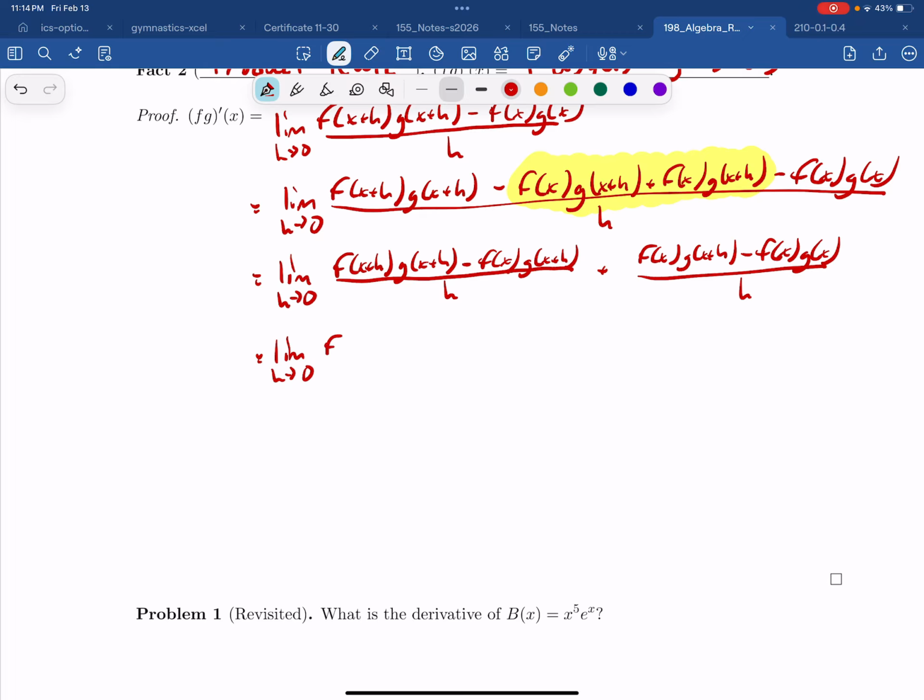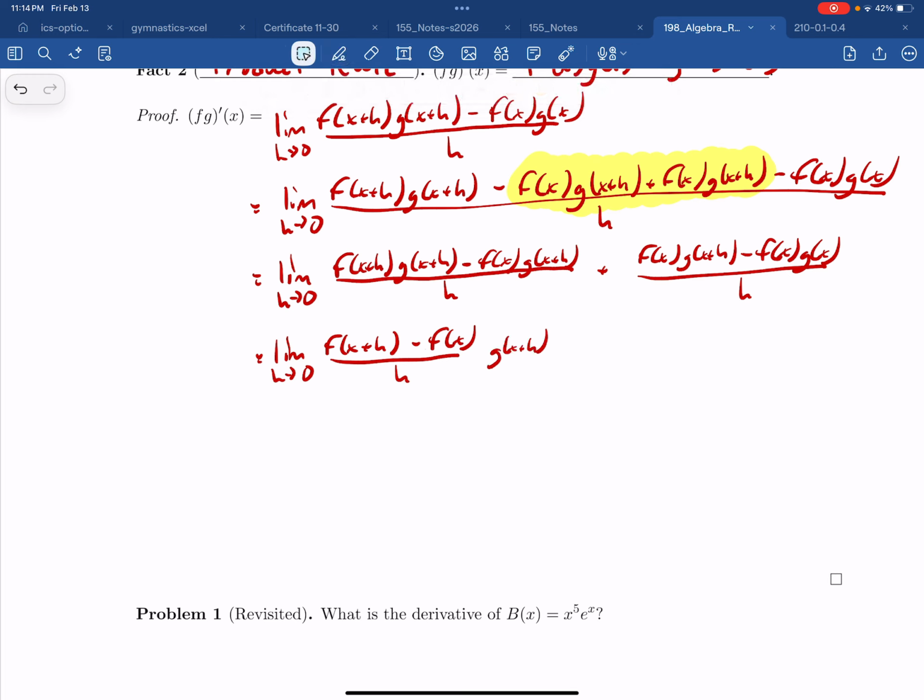So we have the limit as h approaches 0 of f of x plus h minus f of x, all over h, and then this is times g of x plus h. And then this is going to be plus. Now, we're going to factor out the f of x from this guy.